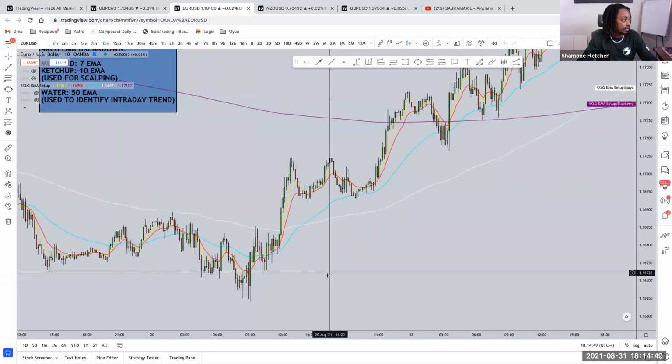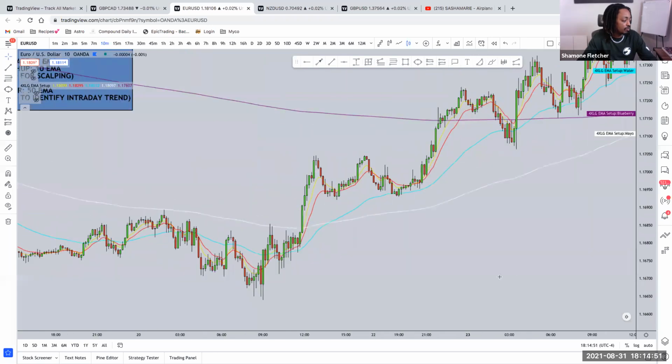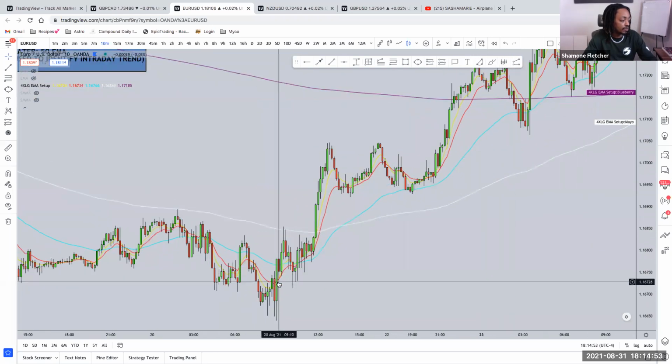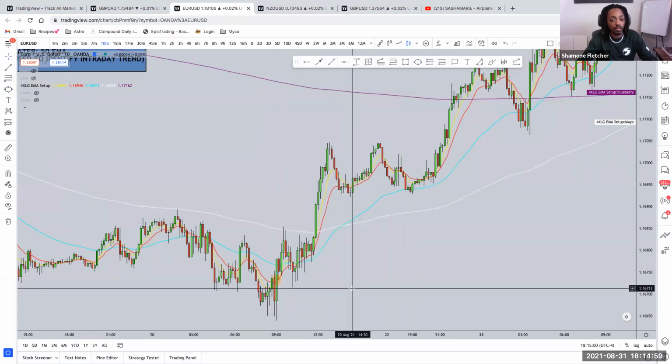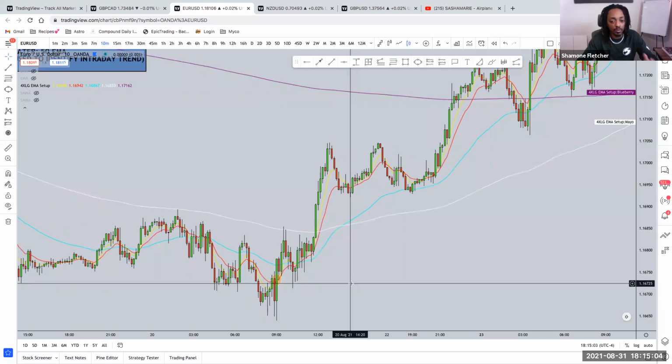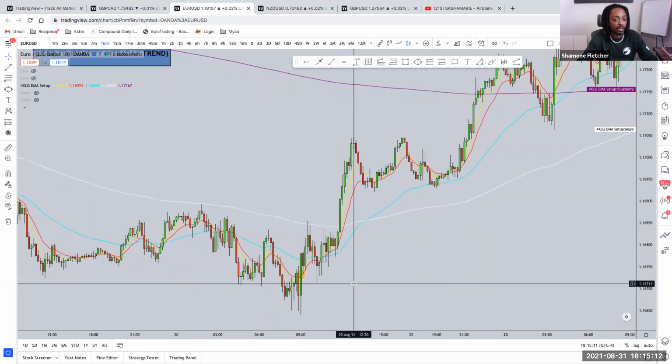So if you had one entry after the cross, your second entry is just like how we teach it when we're using a trap. What do we do when we are above water, above the 50? You buy, or you swim.